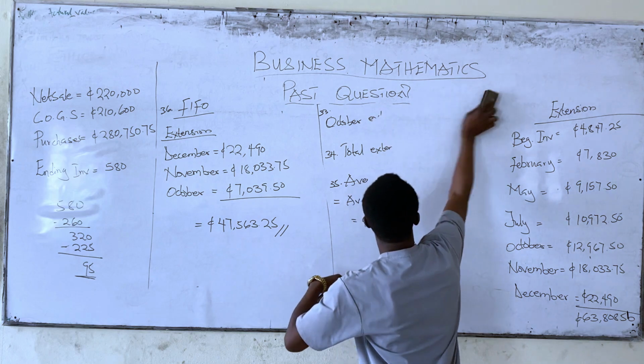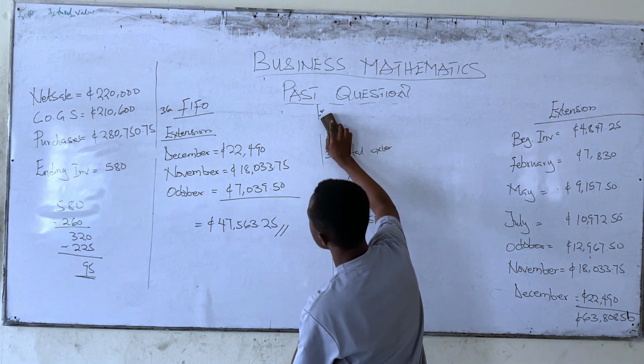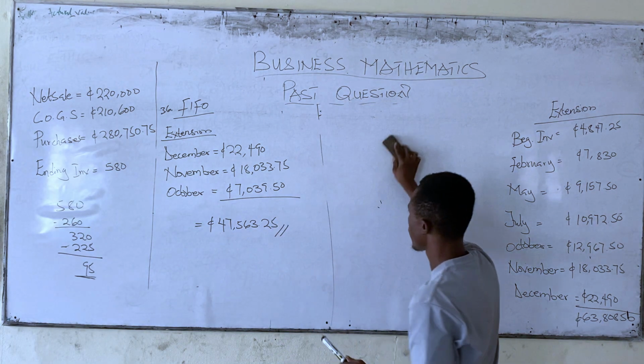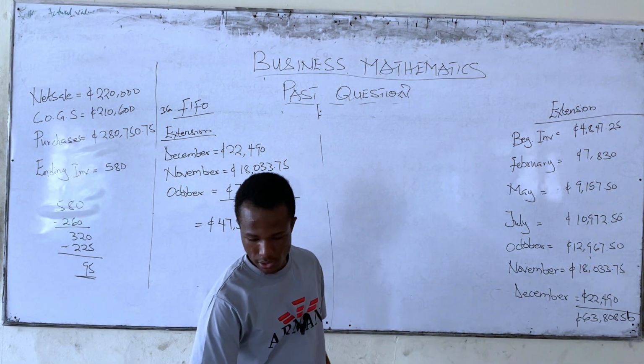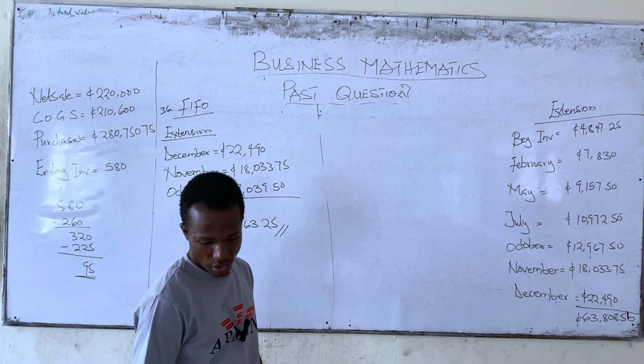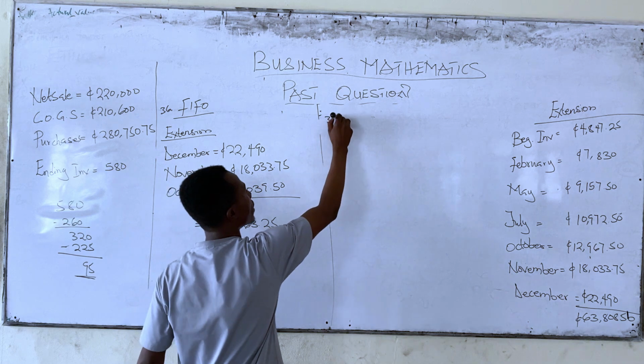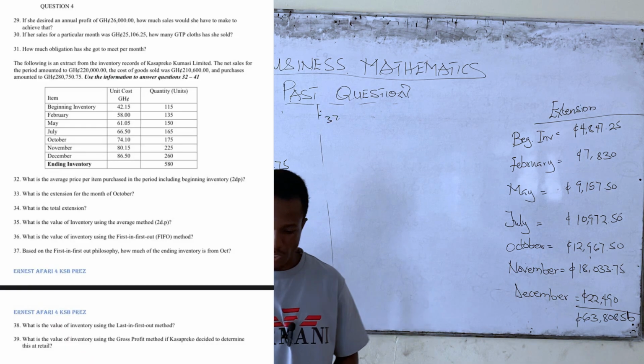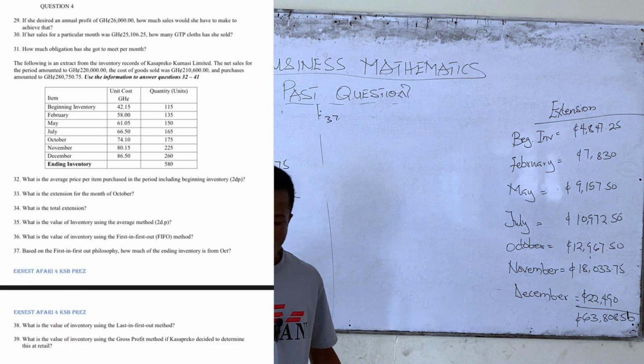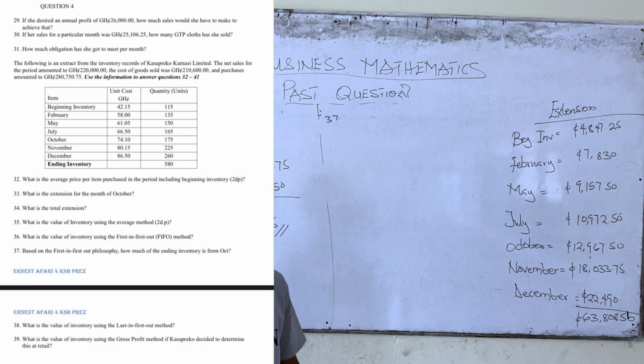Okay. So this is 36. So this will be 37. Question 37 says, based on the first in, first out philosophy, how much of the ending inventory is from October?